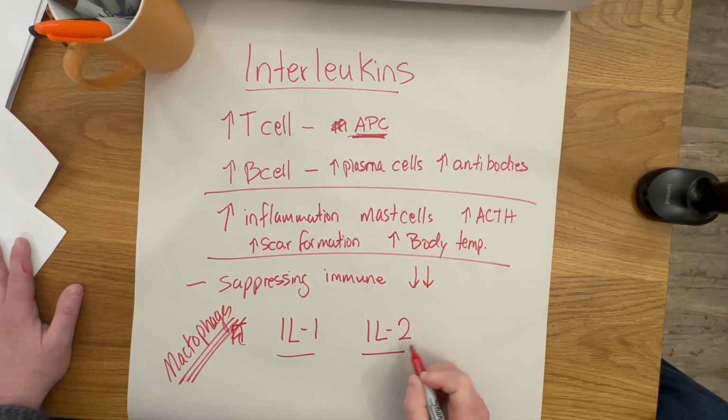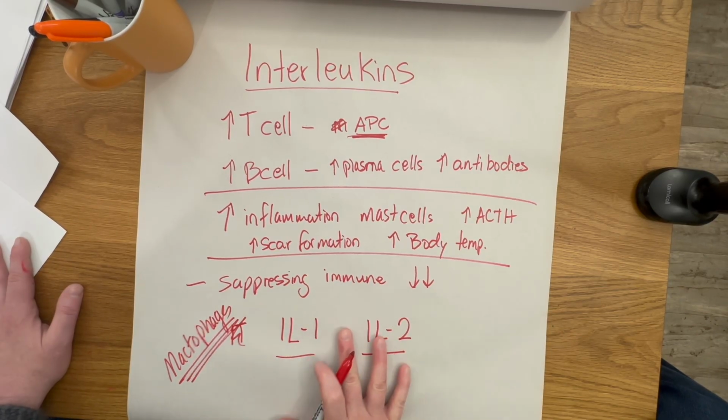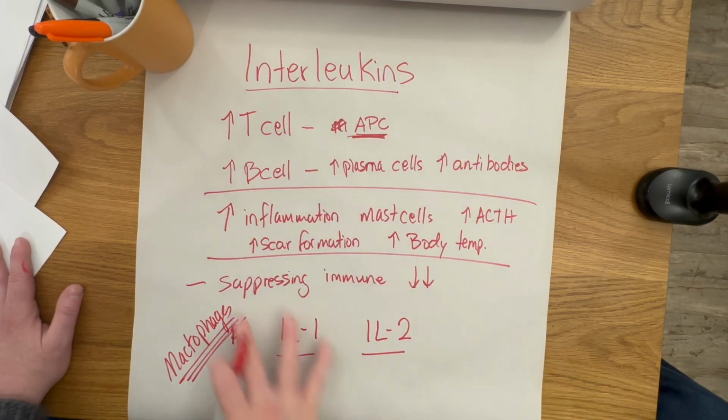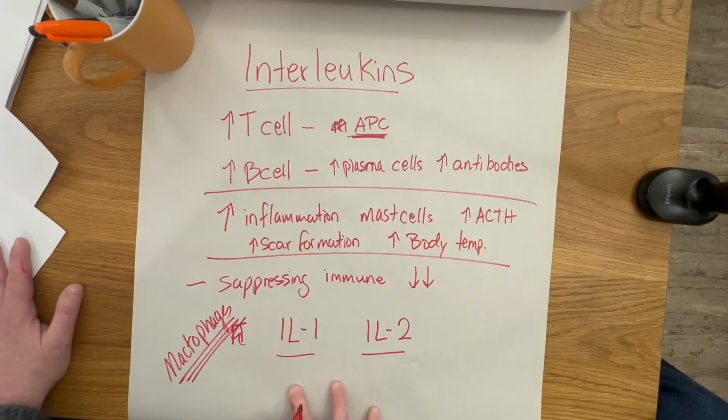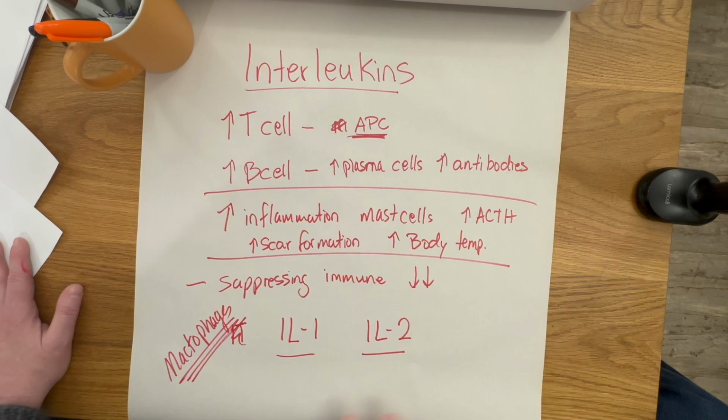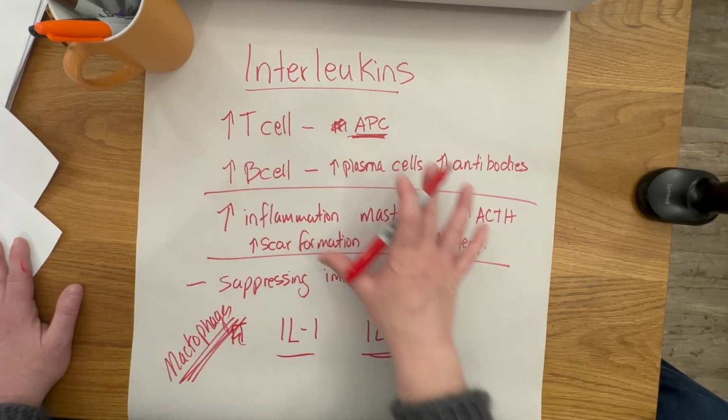When released by activated macrophages or lymphocytes, these cytokines stimulate the immune cells of other secreting cells, so it ramps up this whole process. This results in a positive feedback loop that recruits more and more immune cells. So interleukin 1 and interleukin 2, released by macrophages, get more lymphocytes involved and amplify this entire process.